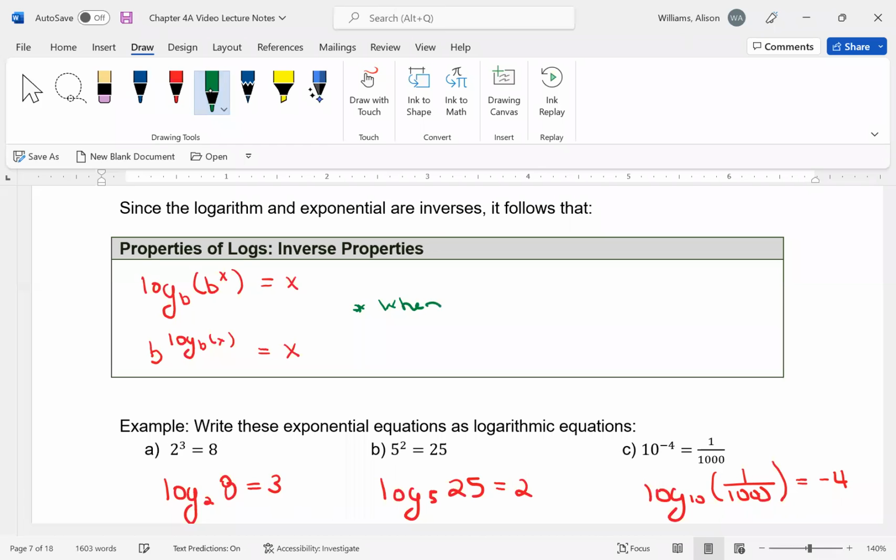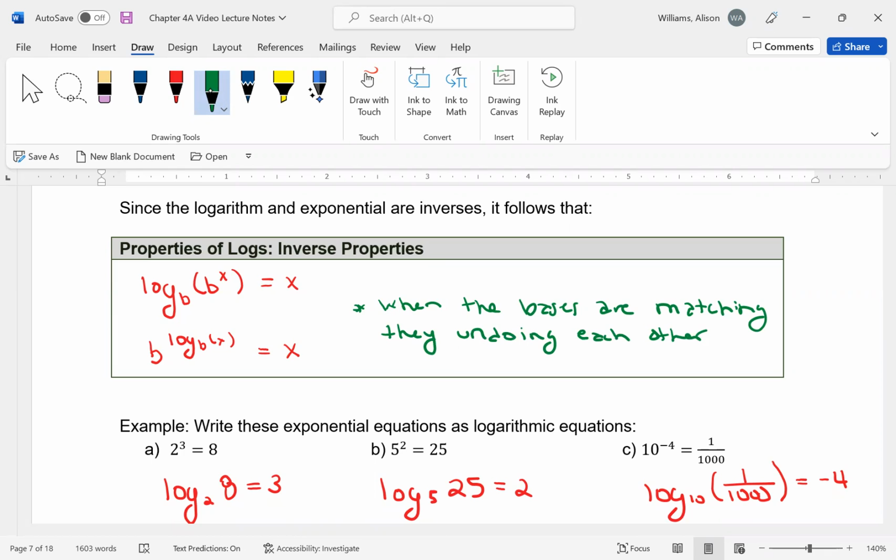And really what it's saying is when the bases are matching, they cancel out. Now, it's not really canceling out. They're undoing each other. The inverse property is doing a reverse operation.